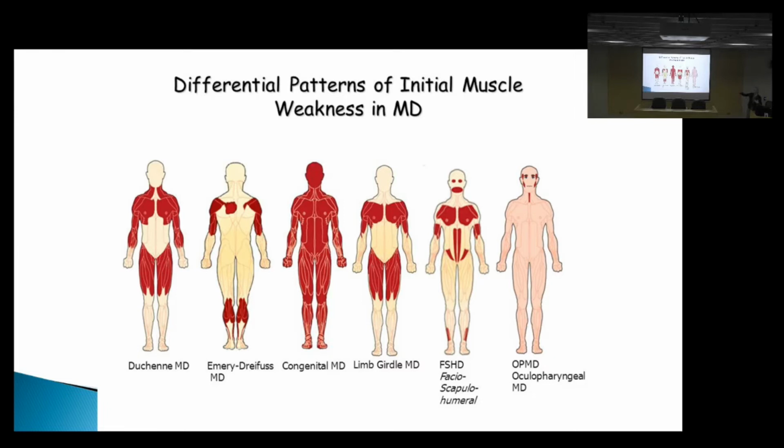If it's a congenital muscular dystrophy, as I told you, it's very, very severe and will affect the entire body, and we'll see it immediately at birth. If it's limb-girdle, it will be only the girdles, right? The upper part and the lower part, quite frequent in this part of the world. If it's facioscapulohumeral, it will affect the face and the scapula, the region that you study now in the problem. And if it's oculopharyngeal, it will be just the face, nothing else.